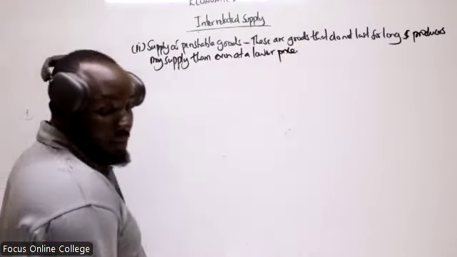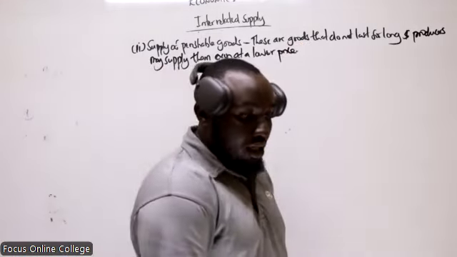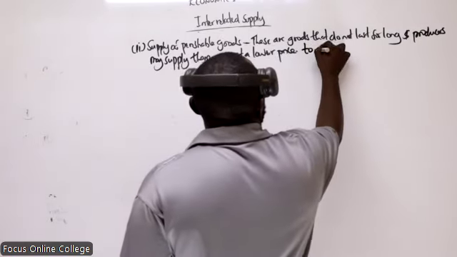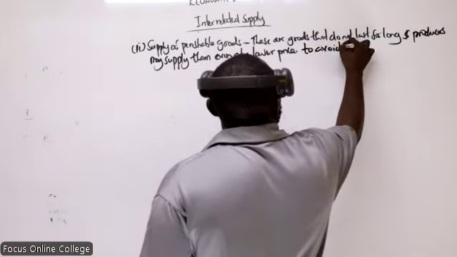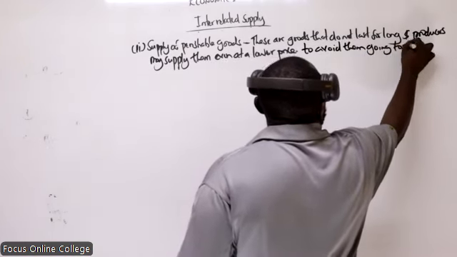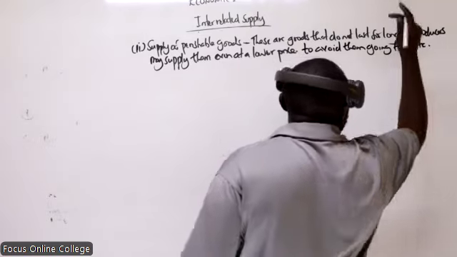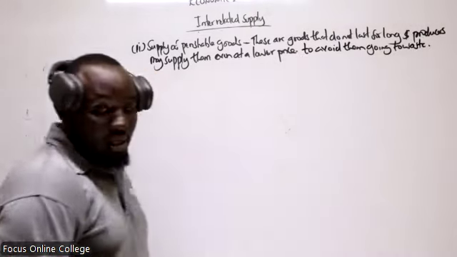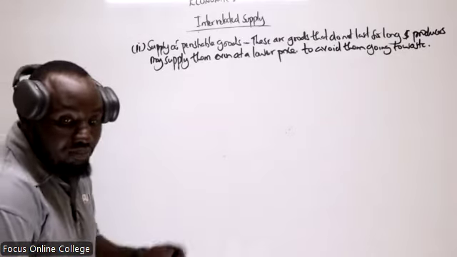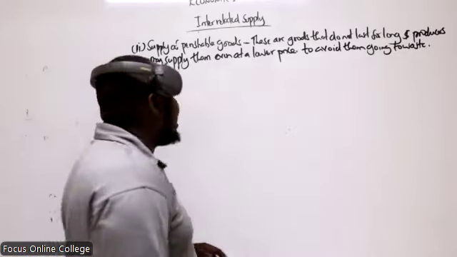The producers may supply them even at a lower price to avoid them going to waste. Is that true? Abdul Nasir, Kitawe, and Mary. So you may even sell them at a throwaway price to avoid them going to waste. That is the second exception.